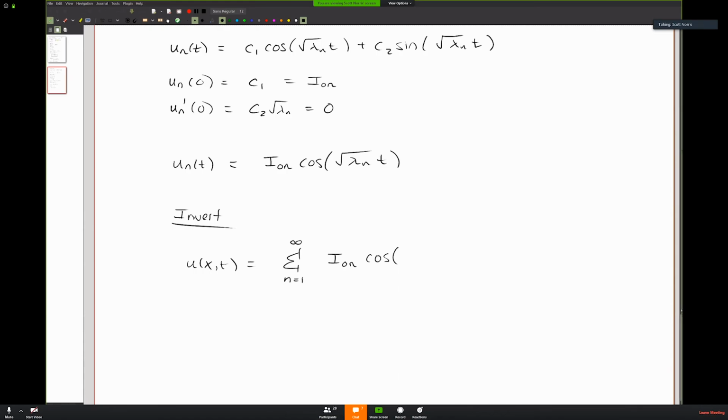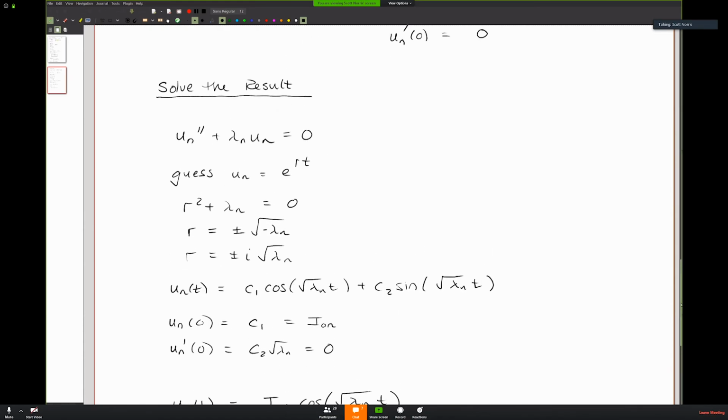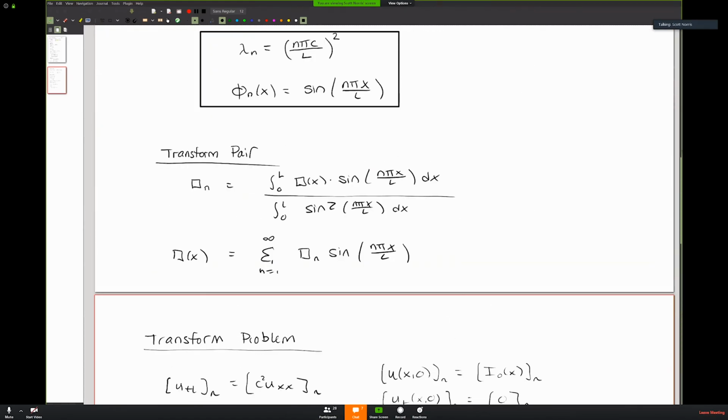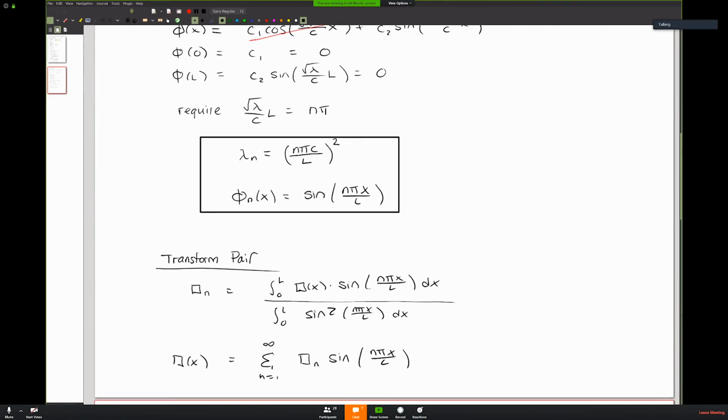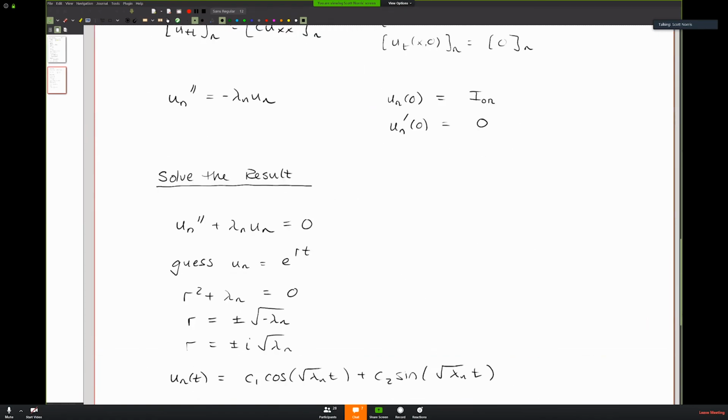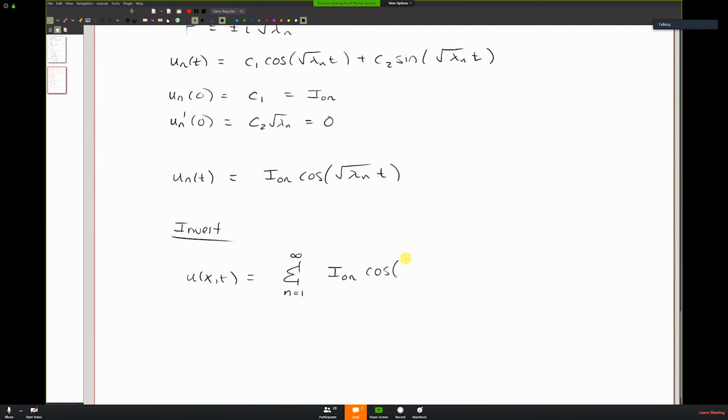And let's go ahead and write this out. What is lambda sub n again? Root lambda. Root lambda is n pi c over L. N pi c t over L. I got n pi c over L squared.